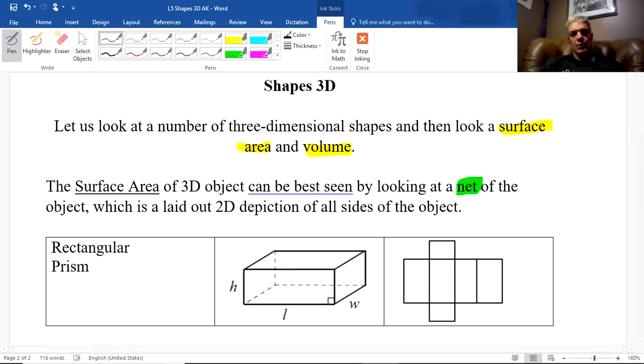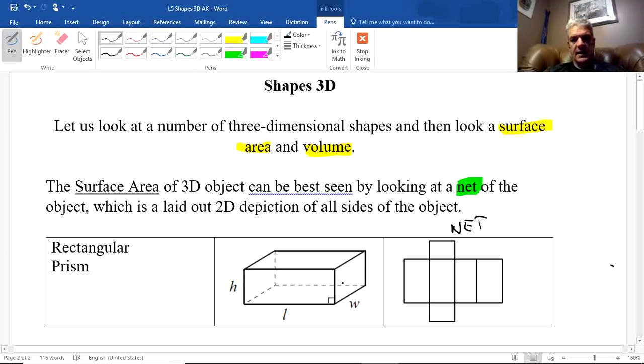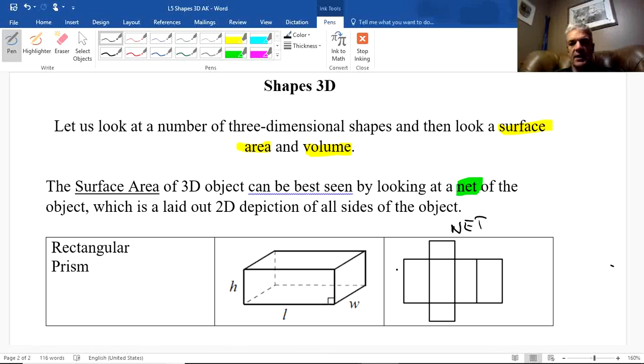Okay, so we can then draw them in a way that, if we were to fold them back out, lay them on the ground, we form what's called a net. This is an example of a net of basically this prism. So what we have are the 3 dimensions that exist here.